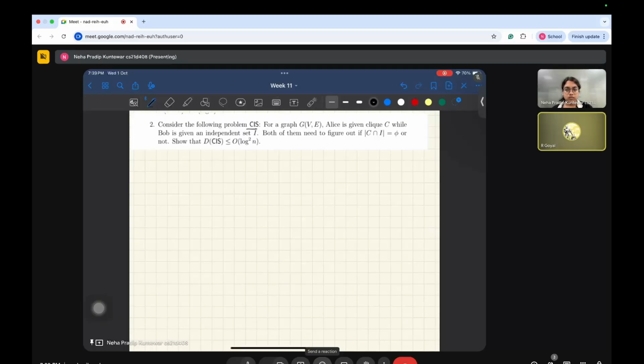But then it is already a clique and an independent set, so their intersection should be equal to phi only. Show that the D complexity of this thing is of the order of log square n. But then the C intersection I would always be equal to phi, so where does this question of 'or not' arise here?